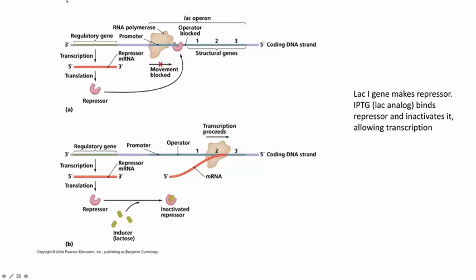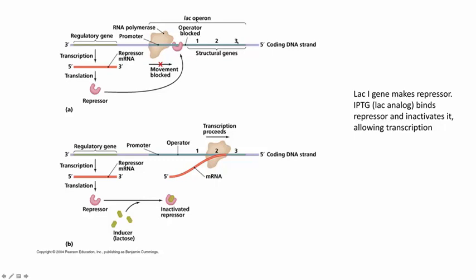So here is the gene that's making the repressor. Normally this gene is on, making the repressor, and the repressor is binding to the DNA, and it's stopping RNA polymerase from expressing the genes in the lac operon.